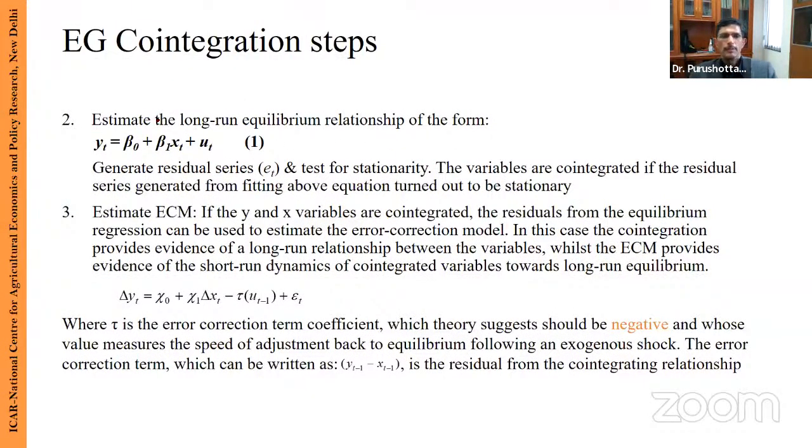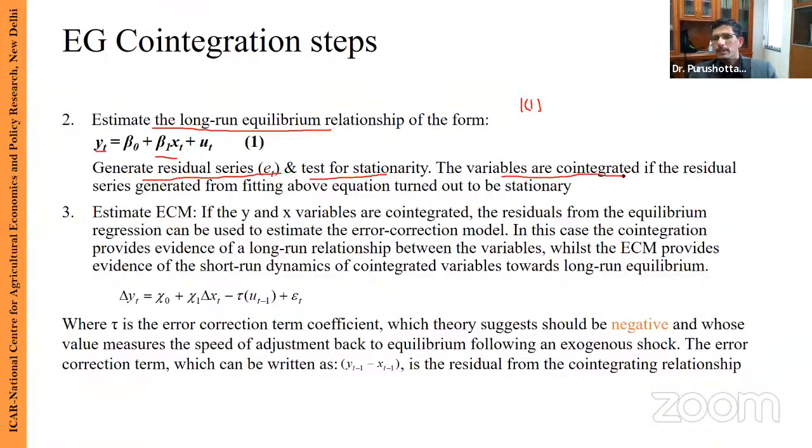So we are going to estimate, and then second is to estimate the long-run equilibrium from this Y_t and X_t of these I(1) series. Okay, from that you need to generate a residual series and test for stationarity.